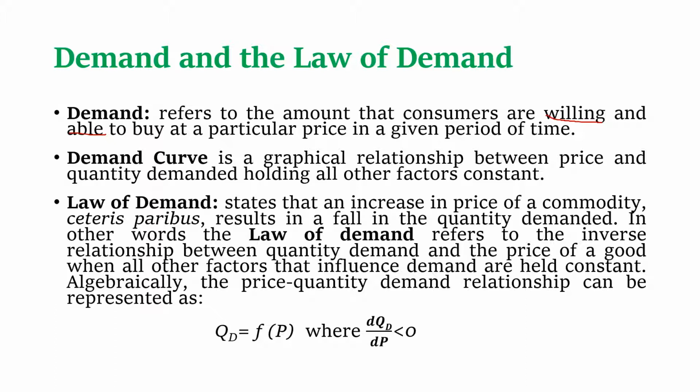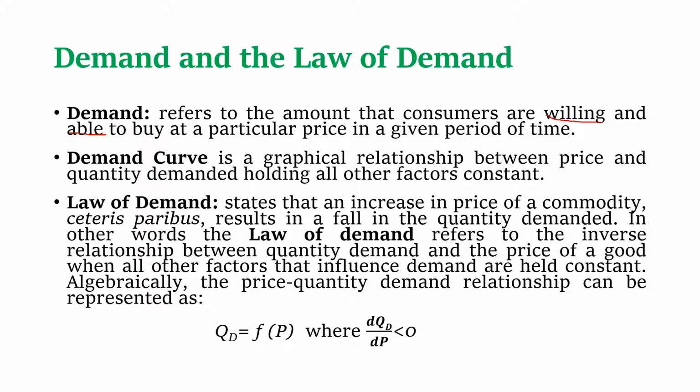Once they are constant, then we can draw the demand curve, which slopes downwards from left to right. That is to say, if the price of a good increases, we expect the demand for that good to fall. Similarly, if the price of the good falls, we expect the demand for that good to increase. So as a result, price and quantity demanded move in opposite directions.